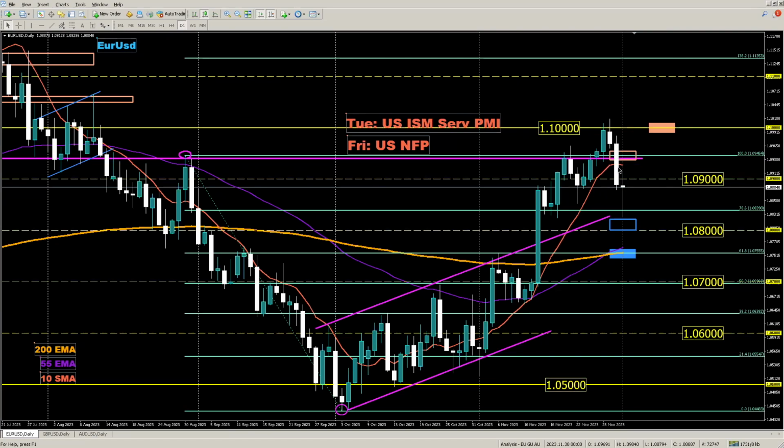Then the Eurozone data came out on Thursday, and it was significantly lower than expected. That's the result, with a strong pullback that continued lower to spike below the 78.6 fib and retest this upper channel trend line.